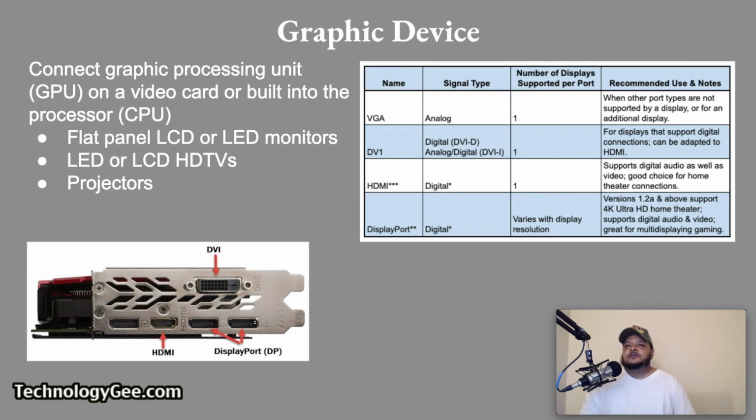So on this chart over here, what you're looking at is basically various types of graphic displays. So you got the VGA, which produces an analog signal, DVI, excuse me, that produces digital and/or analog, you have HDMI, which produces digital, and you have DisplayPort, which produces digital.